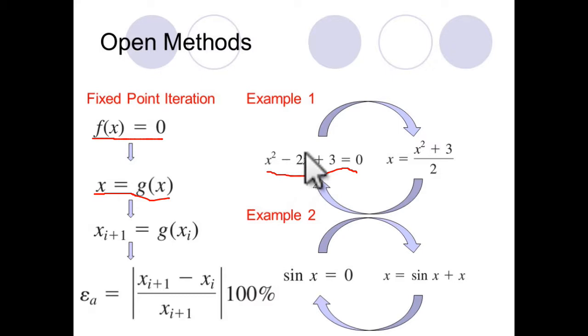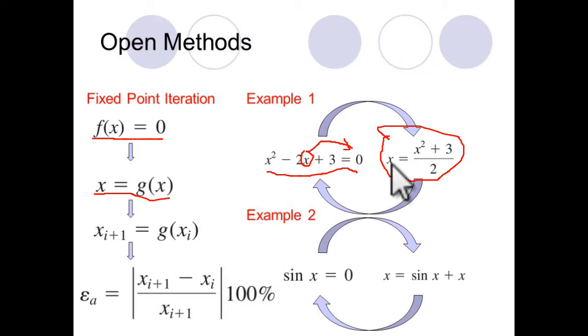We take out the x from here by putting it into the other side of the expression, then we reach this expression: x is equal to x squared plus 3 divided by 2, because certainly this expression satisfies this condition. As a result, the x that we are going to find should be close to 0.